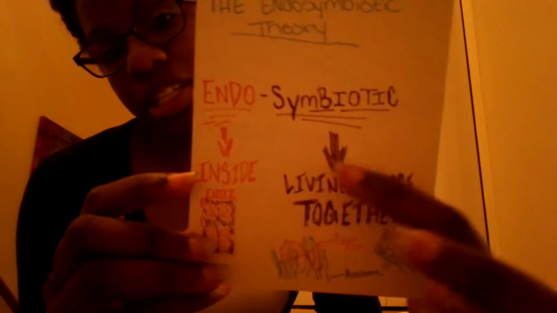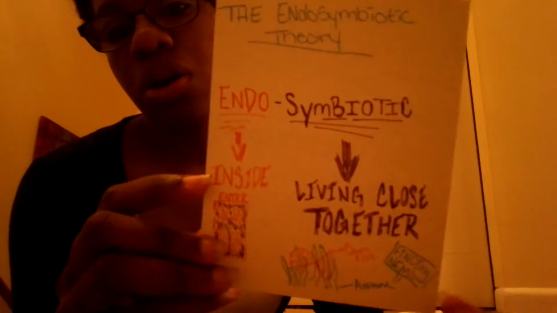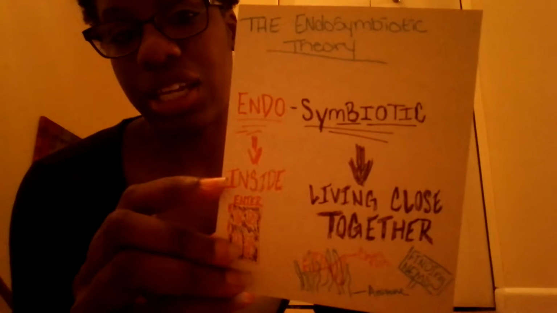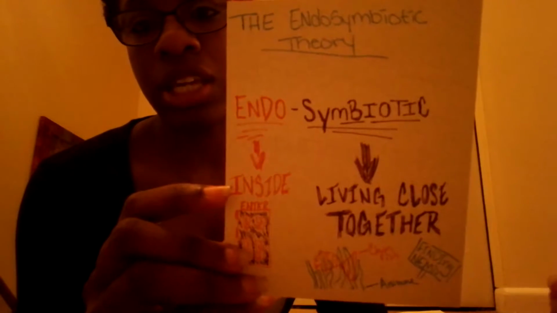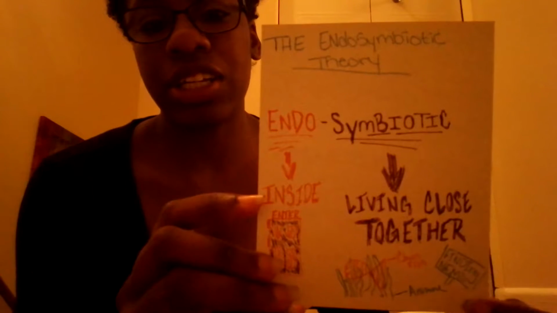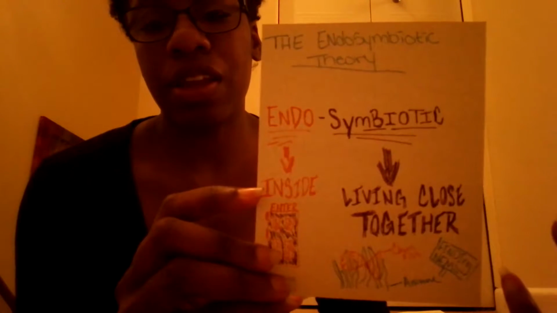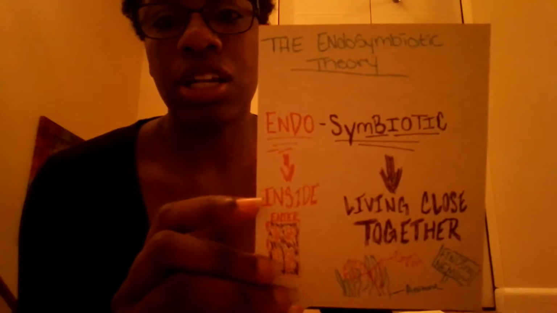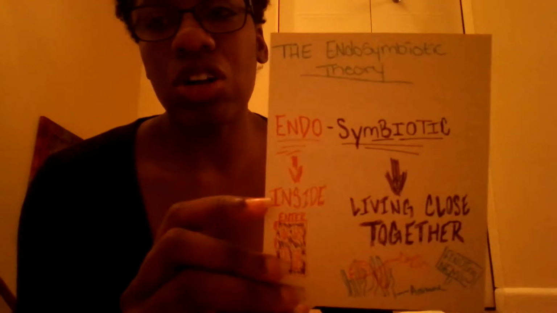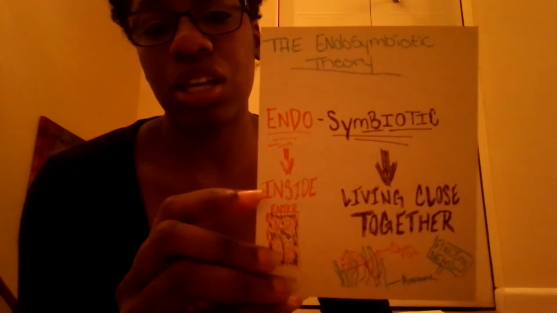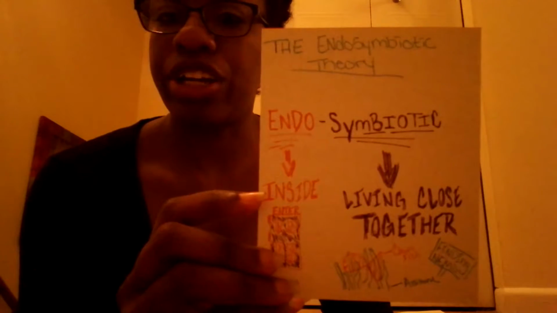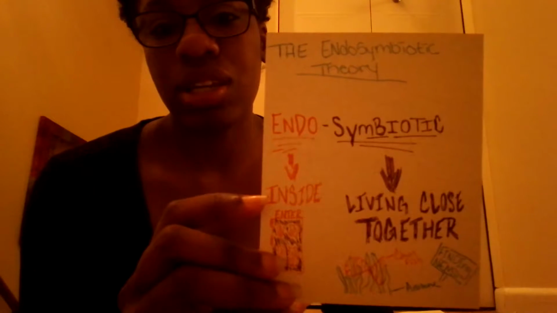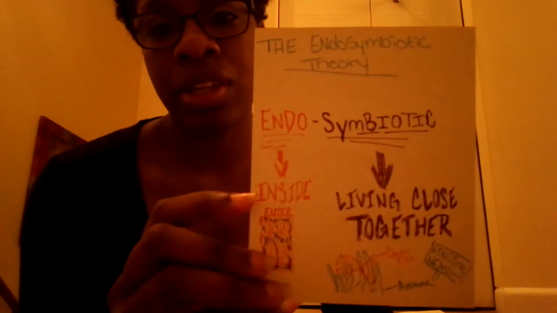Next part of it is symbiotic or symbiosis, which is living basically close together. The example that I have down here is that you probably have all seen Finding Nemo. In Finding Nemo, the clownfish stay very close to something. It looks to me like green fungi. It's actually called a sea anemone.